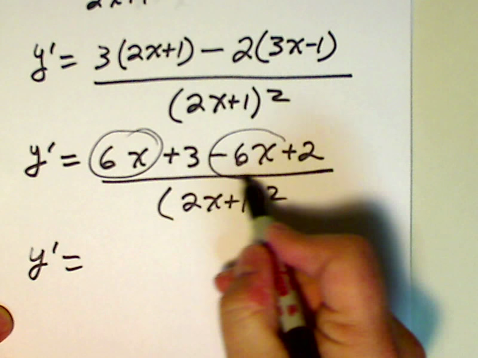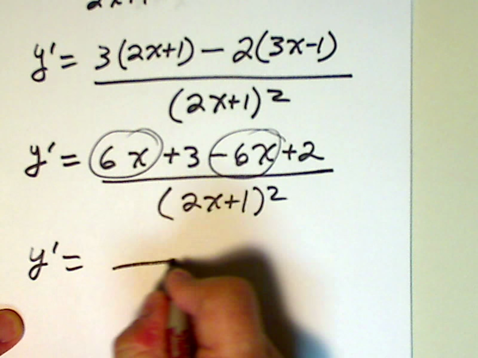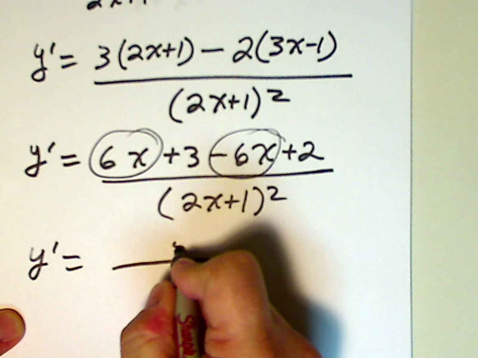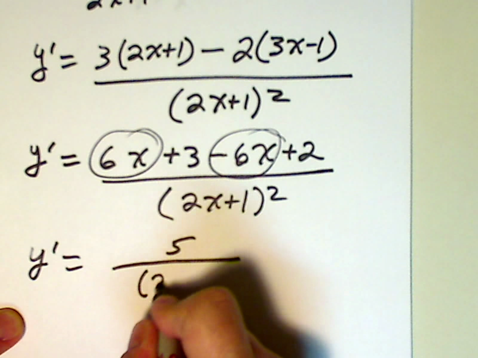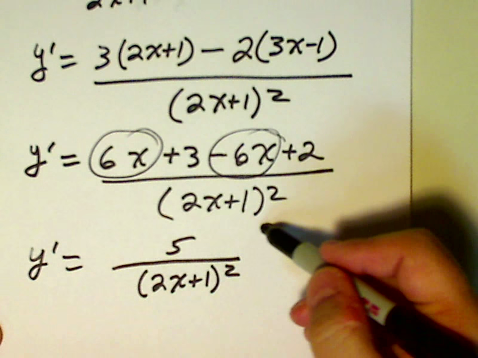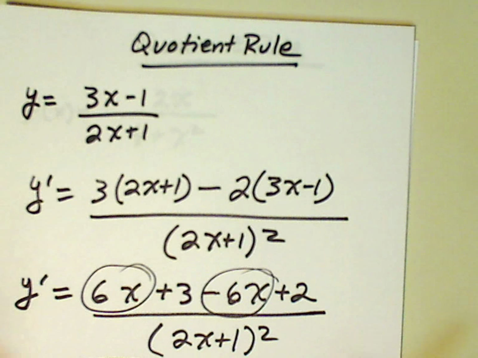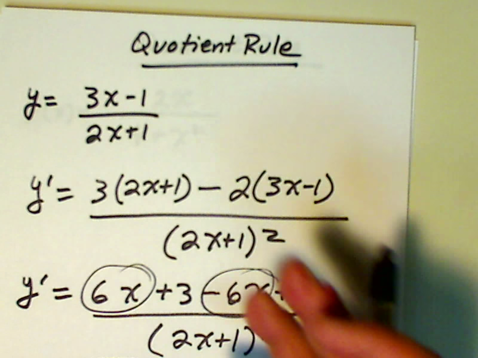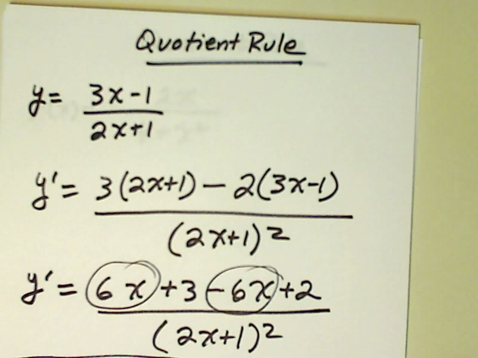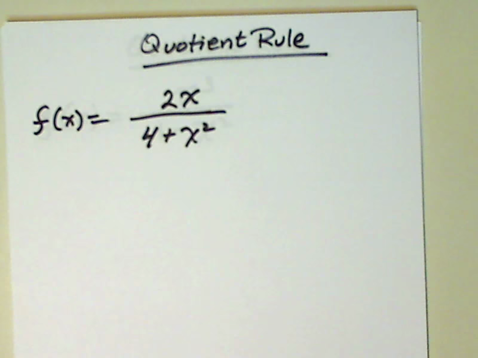The positive 6x and the minus 6x go out, so we're left with 5 divided by 2x plus 1 squared. And there's our derivative. So it was an easy little quotient to differentiate, relatively easy, I think, and painless.